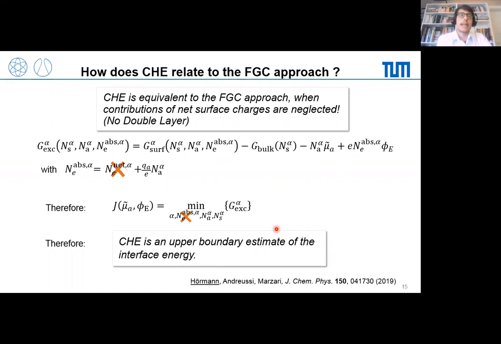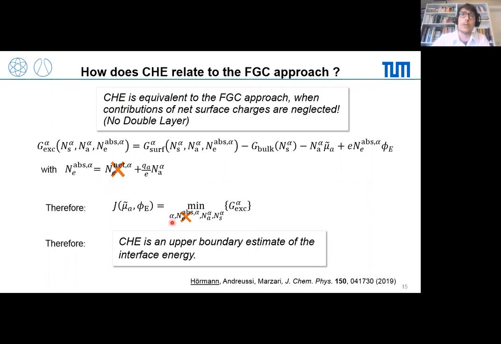In essence, the only thing that we do differently here is that we allow for these electronic excess net surface charges. You can directly see that if you remove these net surface charges that are relevant for the capacitive charging of the double layer, then all these equations become identical to the equations that one typically uses in the CHE approximation.